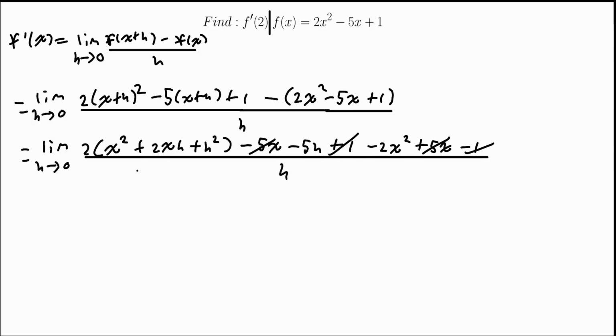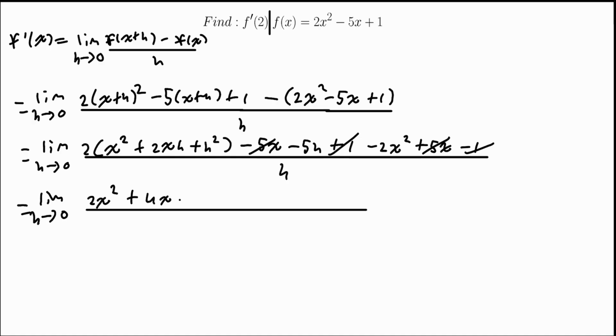I'm sorry, this was all over h. And so now we're left with the limit as h approaches 0. And I'm also going to expand the 2 of 2x squared plus 4xh plus 2h squared minus 5h minus 2x squared, all over h.